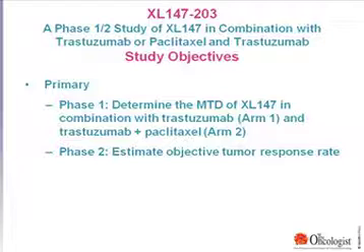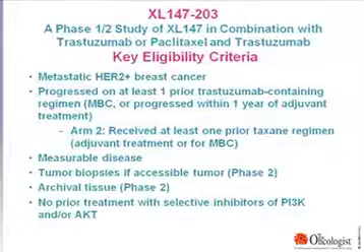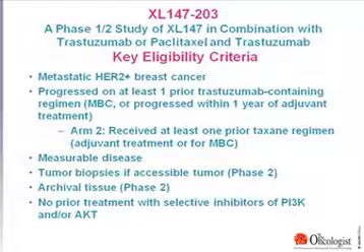The phase 1 and then the phase 2 will have 25 subjects in each arm. The primary endpoint is the MTD with trastuzumab and with the combination of chemotherapy, and the phase 2 is to look at the objective response rate. These are patients that have failed a trastuzumab-containing regimen, and we are going to be requesting tumor biopsies in the phase 2 part if that's feasible.